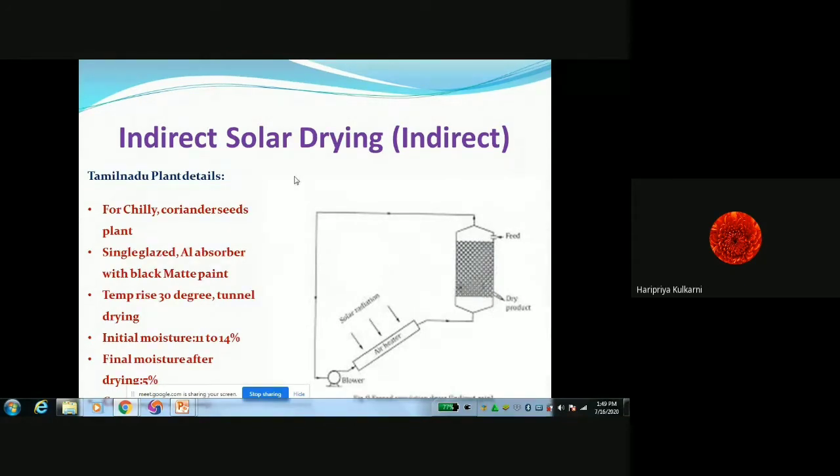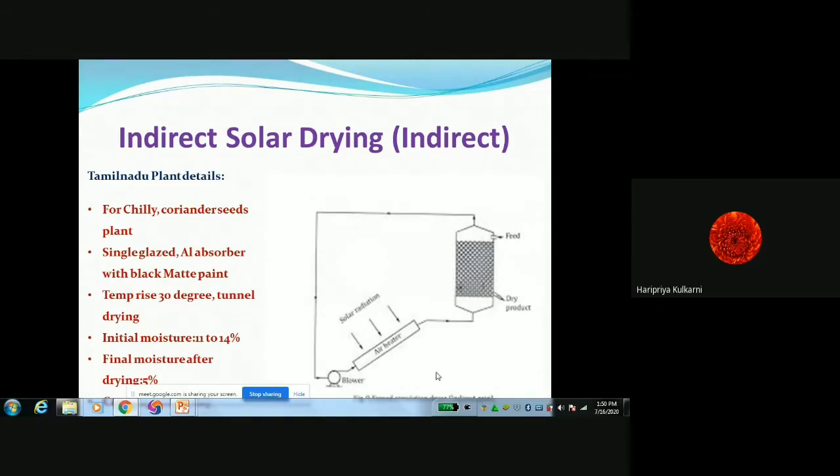So I have explained one Tamil Nadu plant here, which is placed in Tamil Nadu. So in Tamil Nadu, this indirect drying process, solar drying process, is utilized for drying of chili, coriander seeds. Okay, so it is single glazed. So here, what are the specifications of solar plate are given? It is single glazed. Okay, aluminium absorber. So aluminium foil is used there to store the heat with black matte paint to give better efficiency.